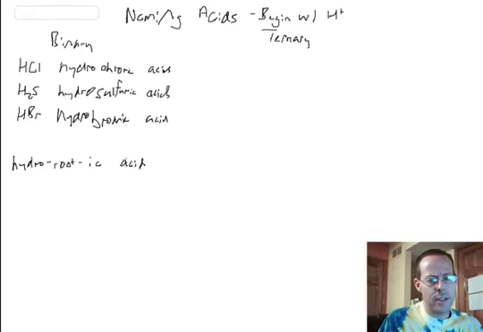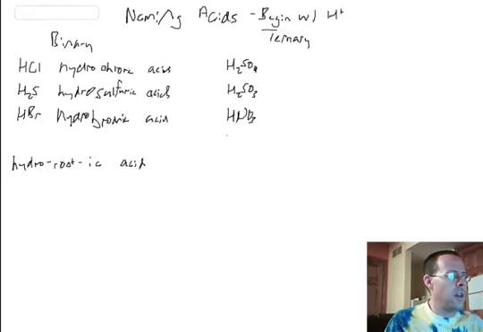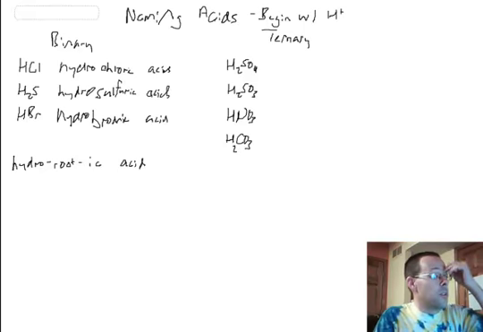There aren't many binary acids because you can't put H with that many nonmetals. The acids that we hear about more often are, I'll put a list over here: H2SO4, H2SO3 as well, HNO3, and H2CO3.